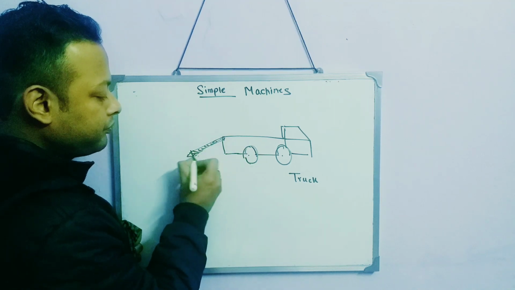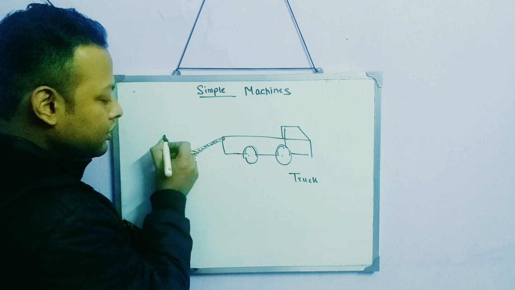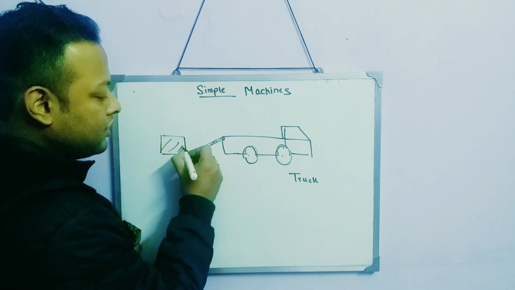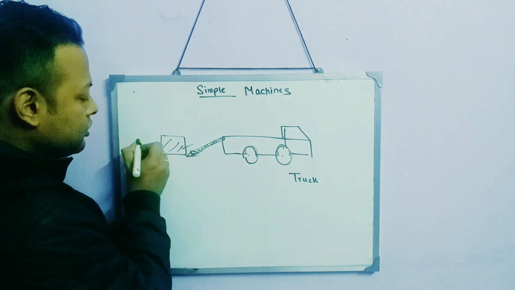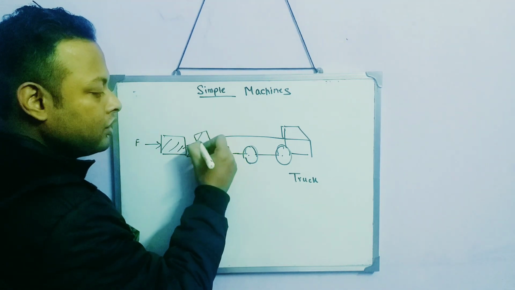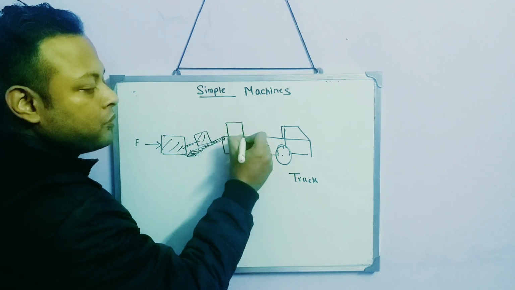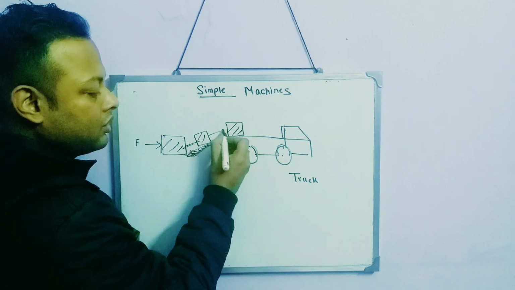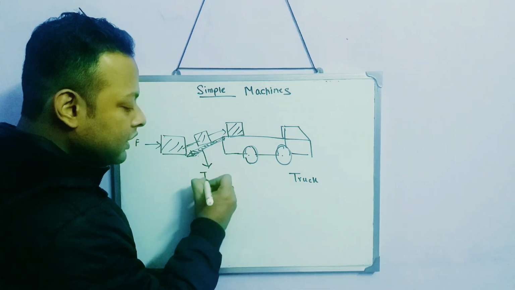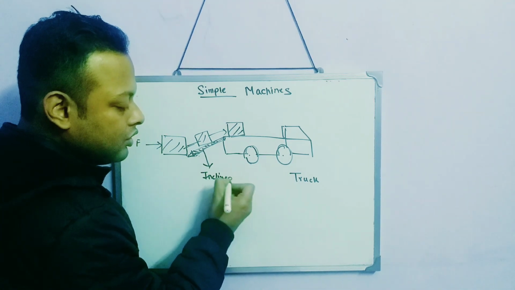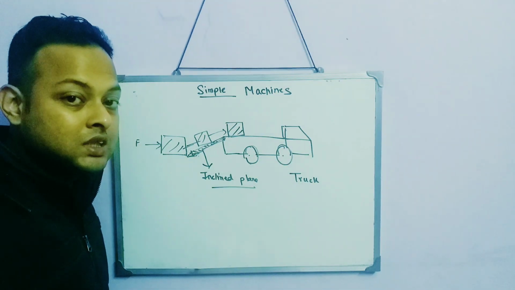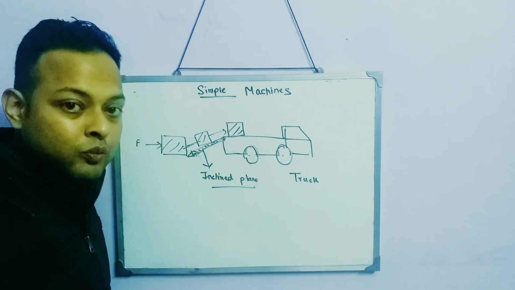And now we take this box and apply the force over here. This box will slowly be transported onto the truck. So with the help of this inclined plane, our work was done in a much easier way.